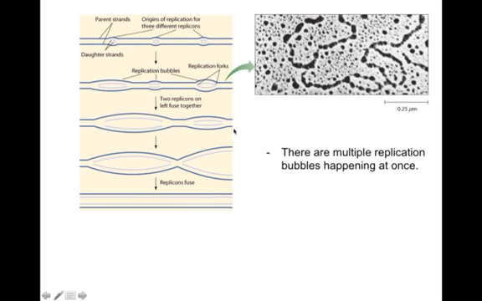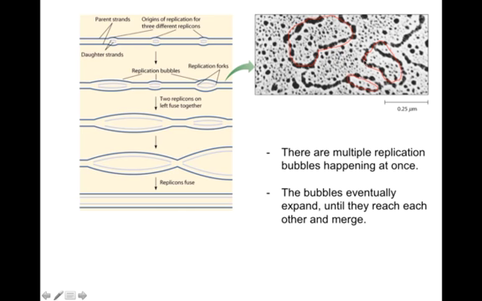I'll draw it in here. There's a bubble right here, a bubble right here, and a bubble right here. So there are multiple bubbles happening. Eventually the bubbles expand until they reach each other and merge together. This speeds up the process of DNA replication.